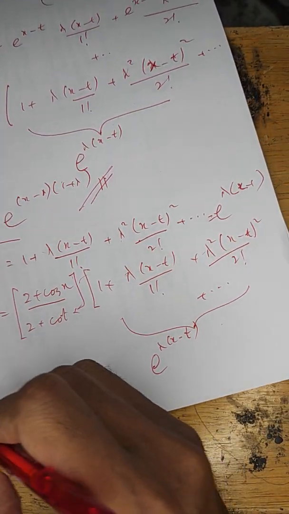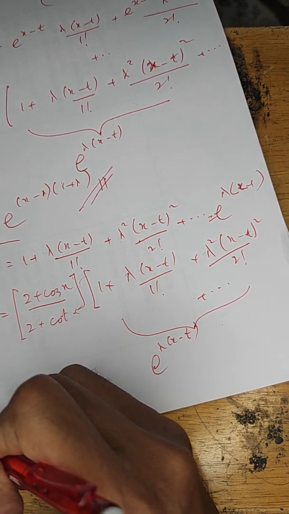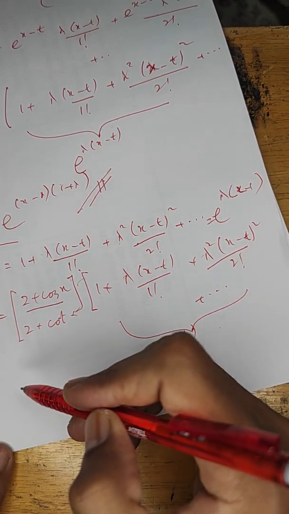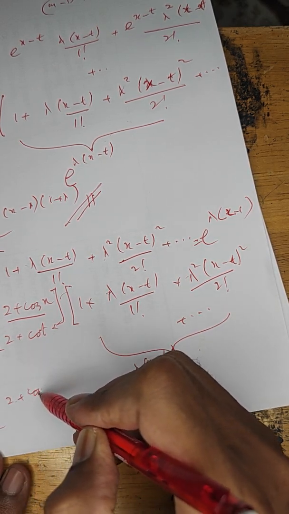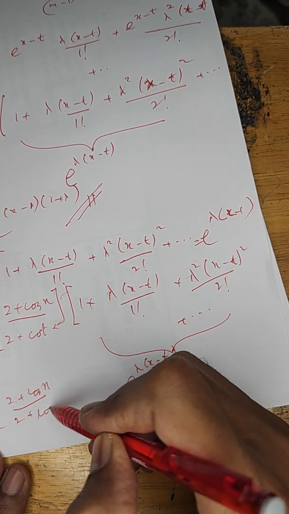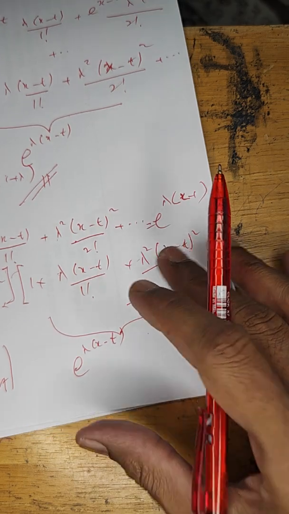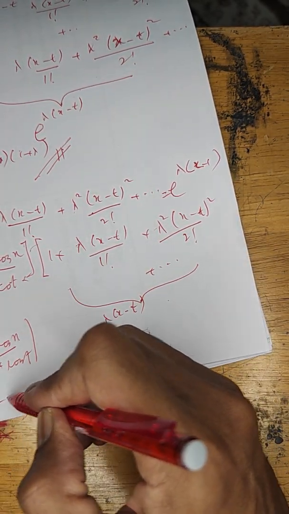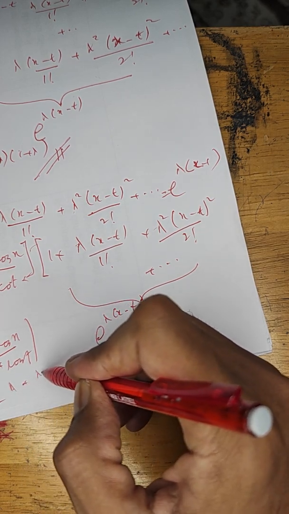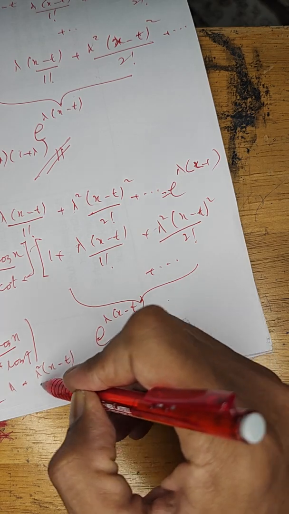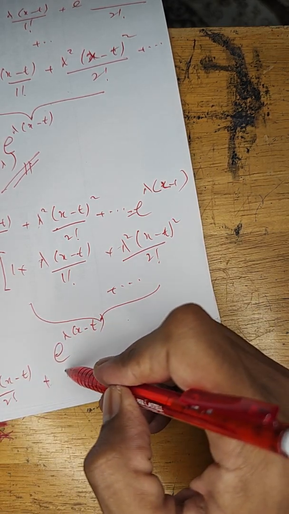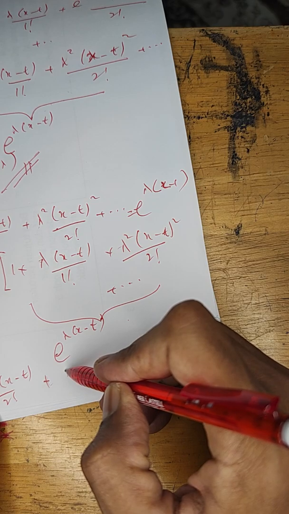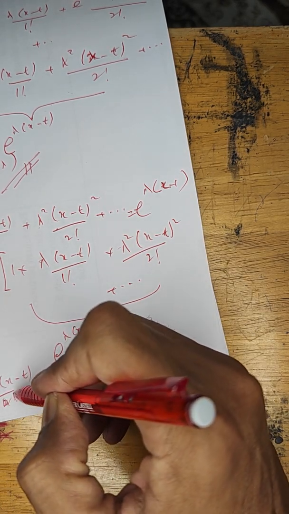So therefore we have again our problem. Therefore our problem is the solution R(x, t, lambda) is equal to (2 plus cos x) over (2 plus cos t) and plus some series: plus lambda (x minus t) over 1 factorial, sorry, this should be lambda 1 factorial.